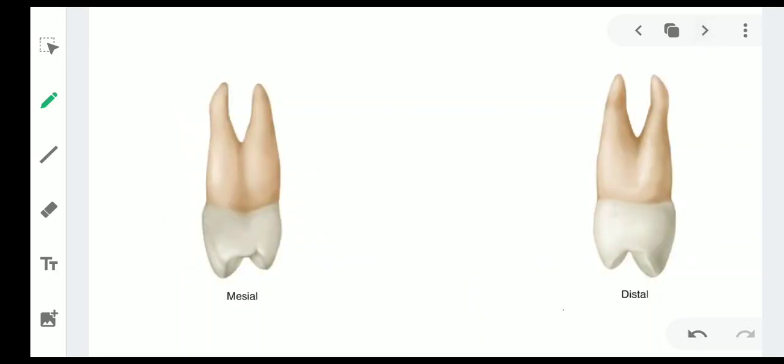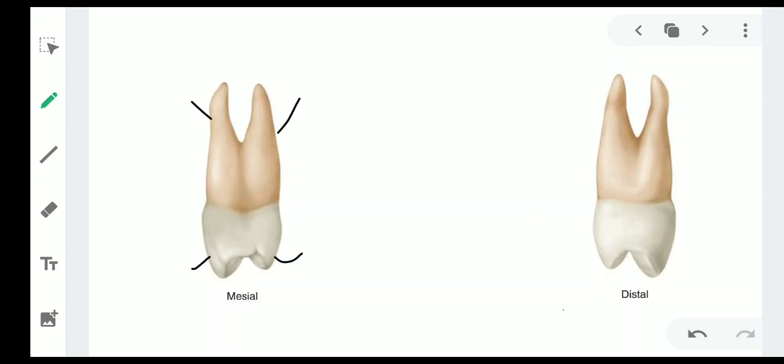Now coming to the mesial and the distal surface. First we will discuss the mesial aspect. From the mesial aspect, the crown is roughly trapezoidal in shape and both cusps and roots are seen from this aspect. So we can see a buccal and a palatal cusp.